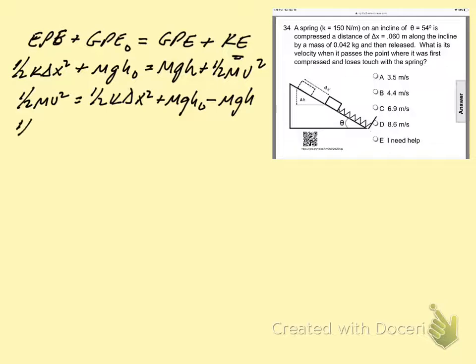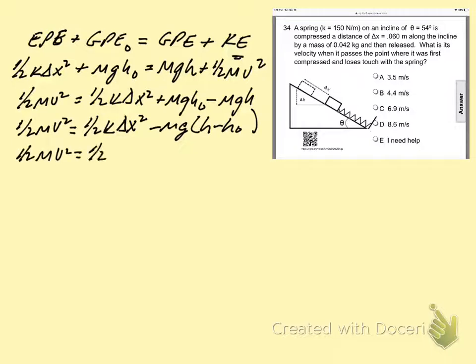Okay, so at this point we could say 1/2 mv squared equals 1/2 k delta x squared, and let's factor out the negative mg. So negative mg times h final minus h initial, or 1/2 mv squared equals 1/2 k delta x squared minus mg delta h.